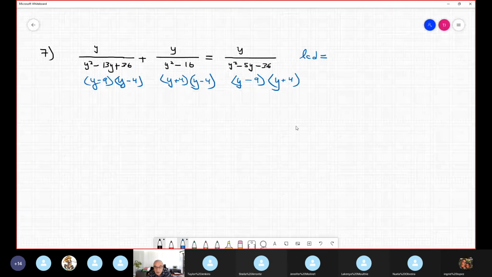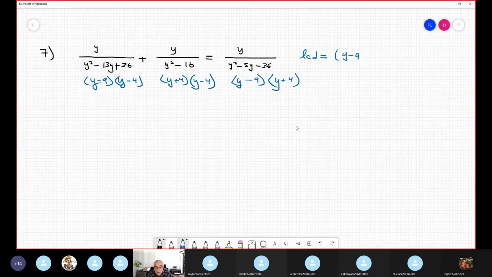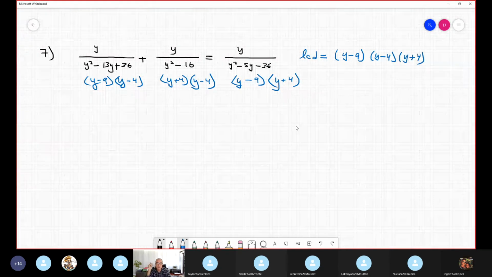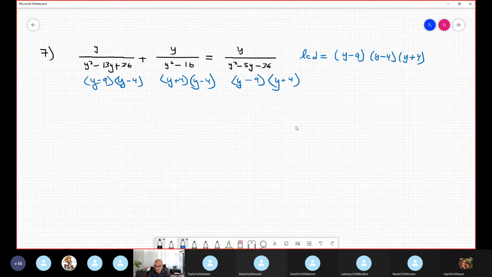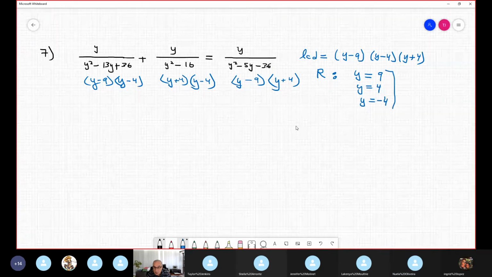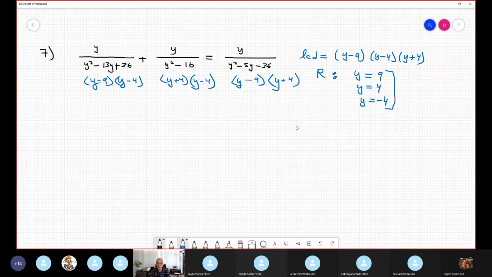Absolutely perfect. y minus 9, y minus 4, and y plus 4, only one time each. This is my LCD. What are the restrictions associated with the least common denominator? What are the bad values associated with the LCD? 9, 4, and negative 4. Absolutely perfect. Any answer equal to these values is completely wrong.